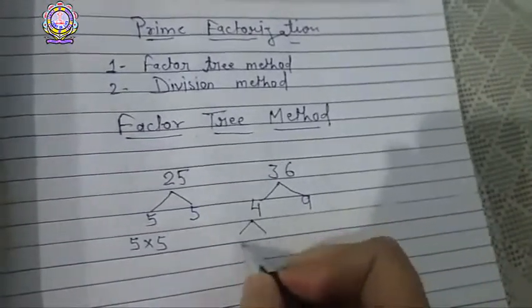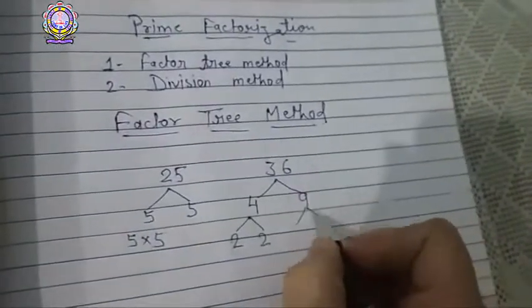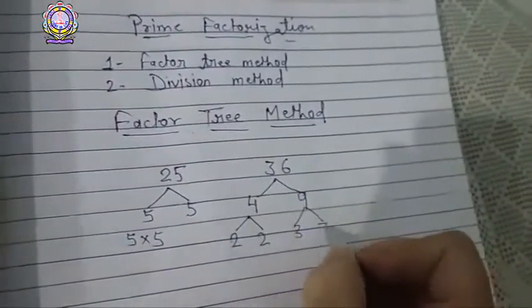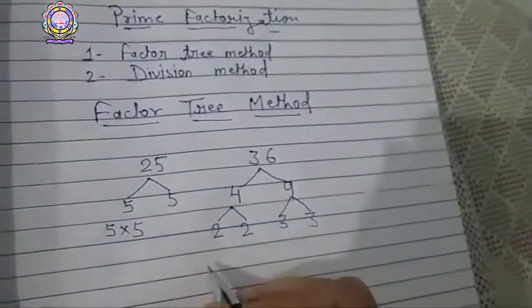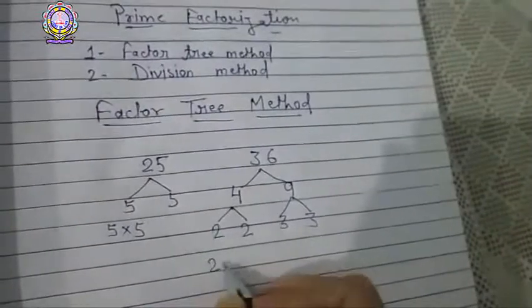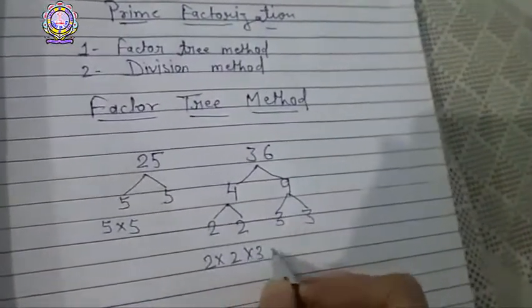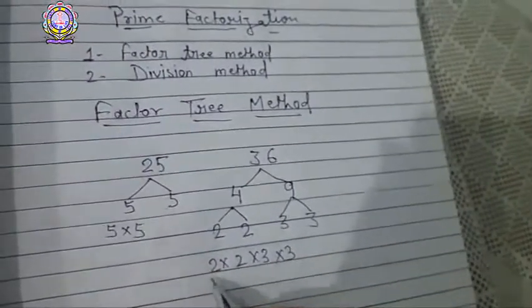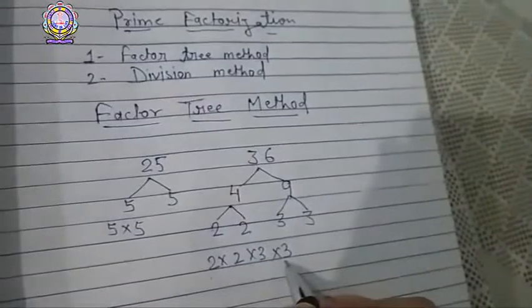So 2 2s are 4 and 3 3s are 9. So the prime factors of 36 are 2 multiply 2 multiply 3 multiply 3. 2 2s are 4, 4 3s are 12, 12 3s are 36.